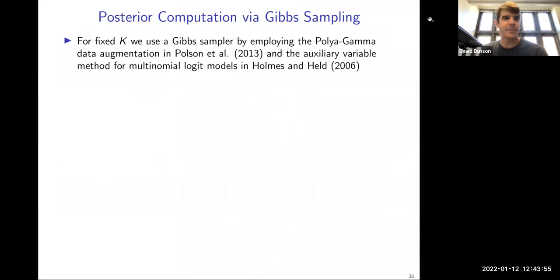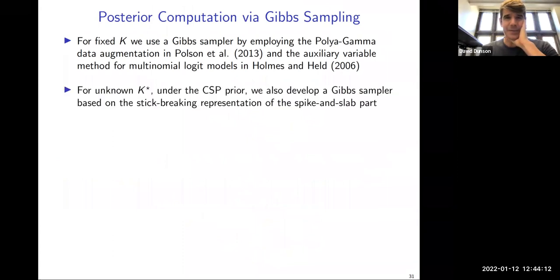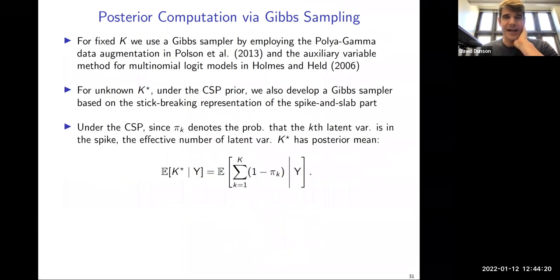And so then we end up with this Gibbs sampler. We use the Polya-gamma data augmentation, a wonderful trick by Nick Polson and colleagues, combined with this auxiliary variable trick for multinomial logit models by Holmes and Held, so that we have a kind of data augmentation Gibbs sampler, and then we use this cumulative shrinkage process prior of Sirio, and now we have just a simple Gibbs sampler.